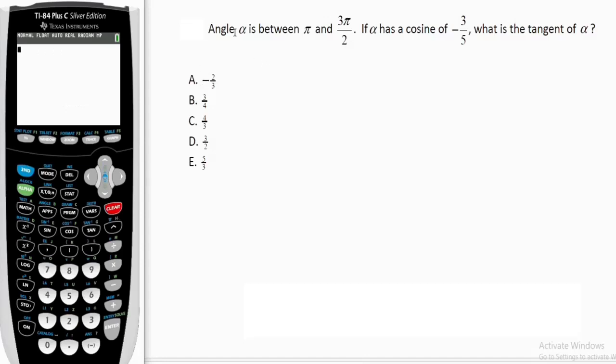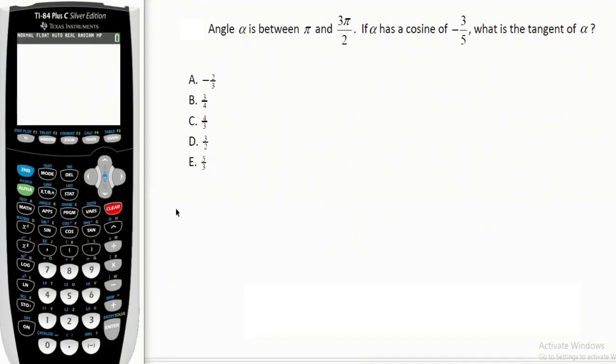Now the question says angle alpha is between pi and 3 pi over 2. If alpha has a cosine of negative 3 over 5, what is tangent of alpha? So guys, in this question, we are going to store the value of cos inverse of negative 3 over 5 as x on the calculator and then find tan x, where x is replacing theta, the angle.